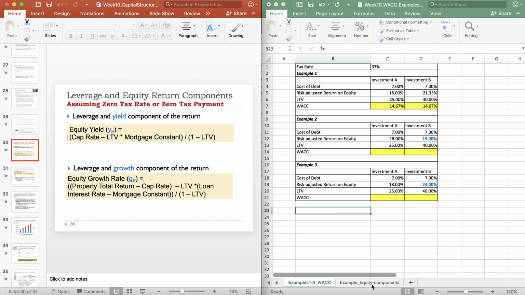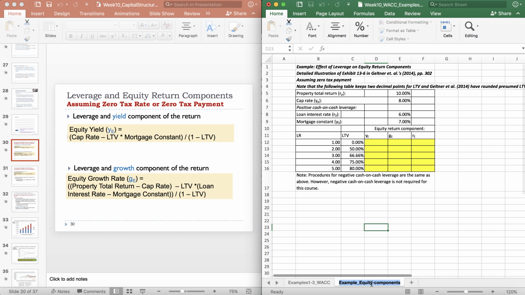So applying the formula, let's look at this example. In this table, YE represents equity yield. So now we apply the formula here. Equals parenthesis cap rate.